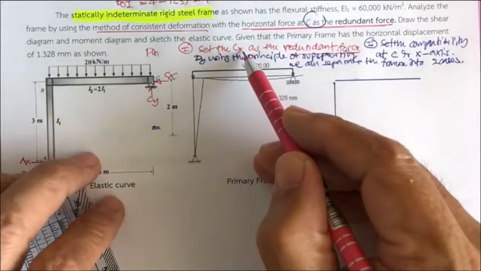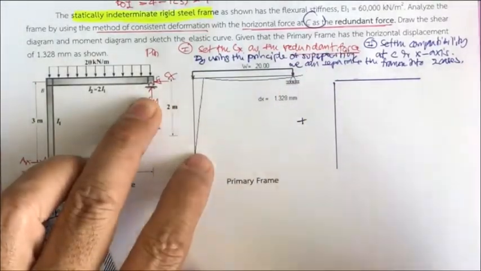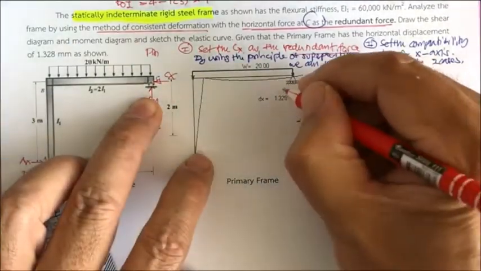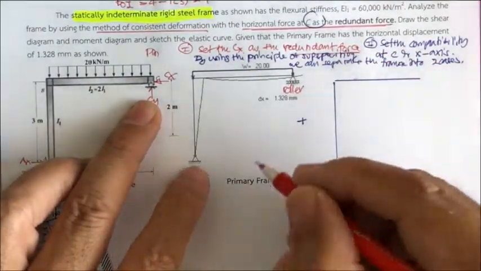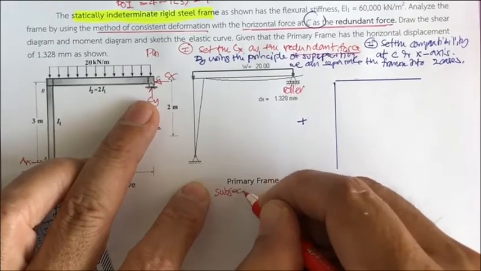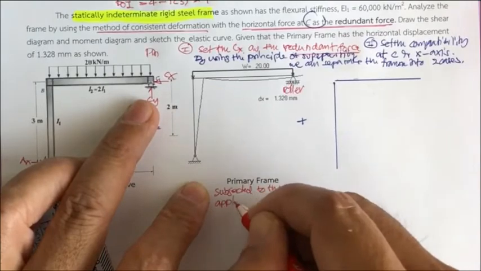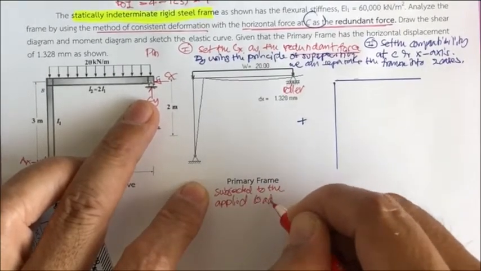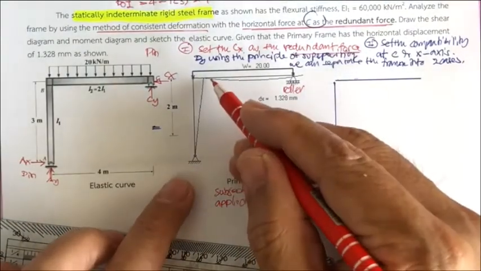When we set the C sub x as the redundant, the pin here changes to a roller. Then the primary frame, under the application of the applied loading, is going to deform in this way.